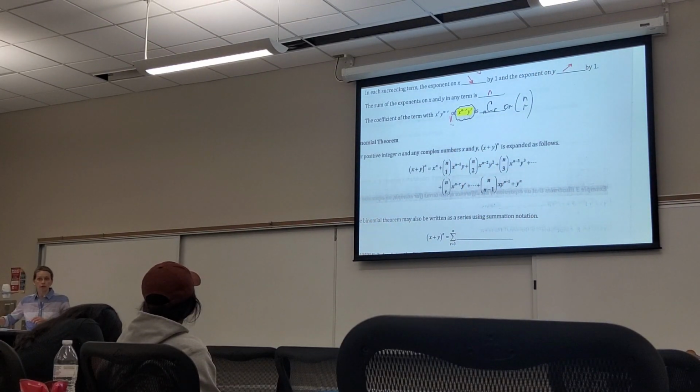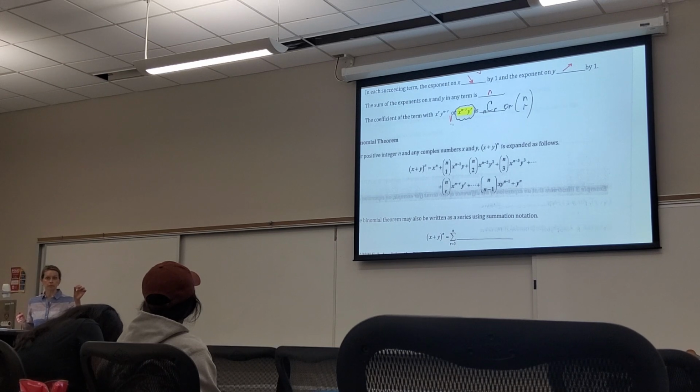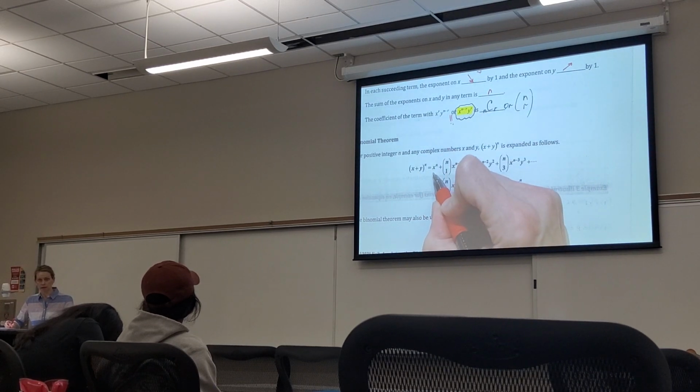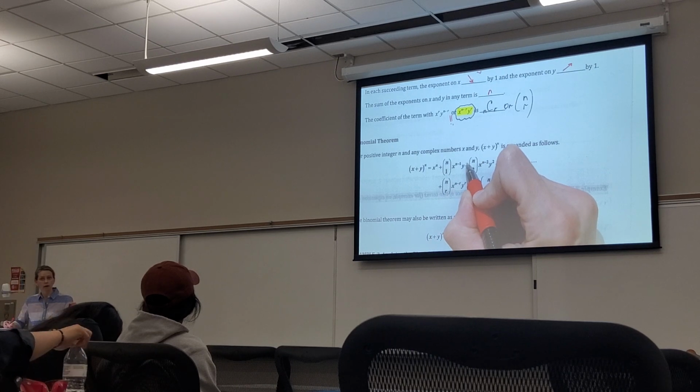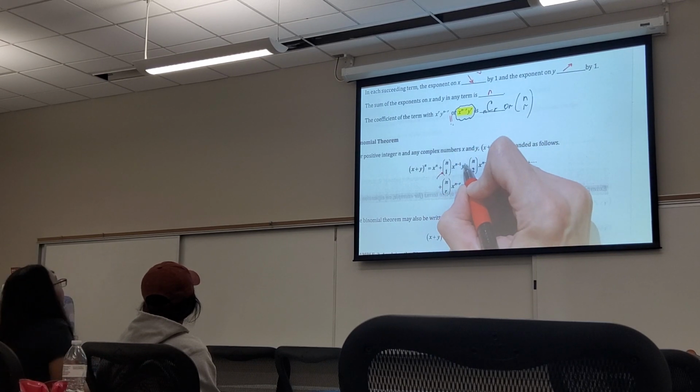This is very important that you understand what we are choosing, because n will stay the same, but your r will be represented by the degree of your y, of the second term, correct? So over here, the degree of y is 0, correct? Over here, the degree of y would be what? 1. Therefore, to find the coefficient, this is the degree of y.